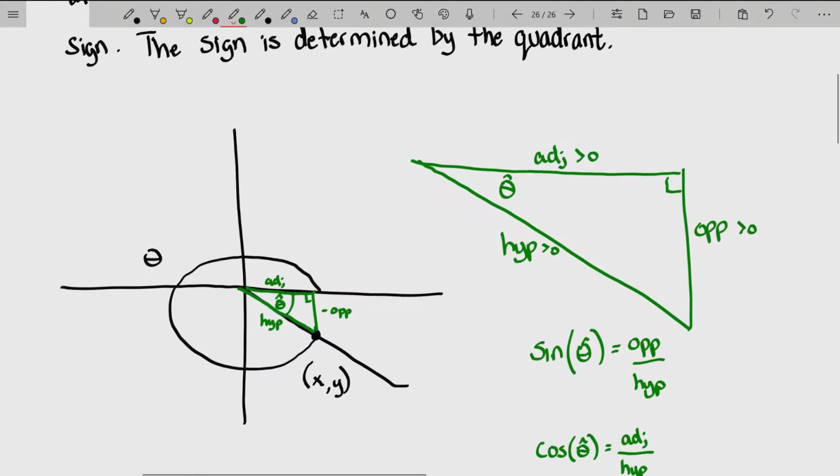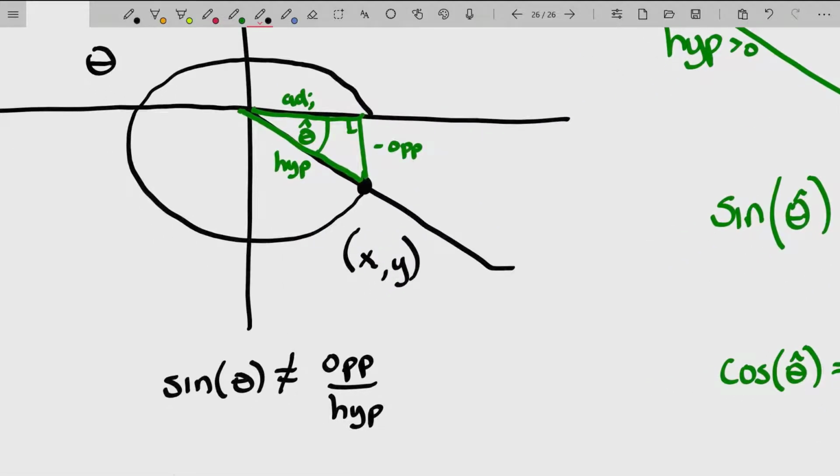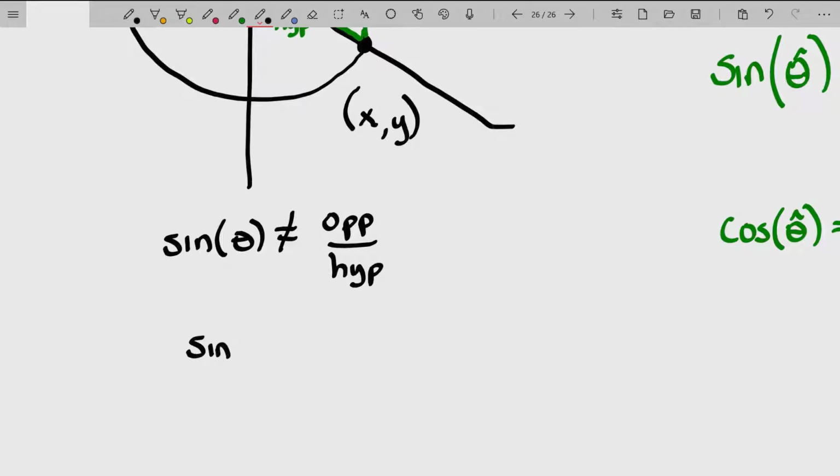It's going to be the negative of that. So the sine of theta will not be opposite over hypotenuse from our triangle, because the sine in quadrant 4 is negative. And so it's going to be negative opposite over hypotenuse.